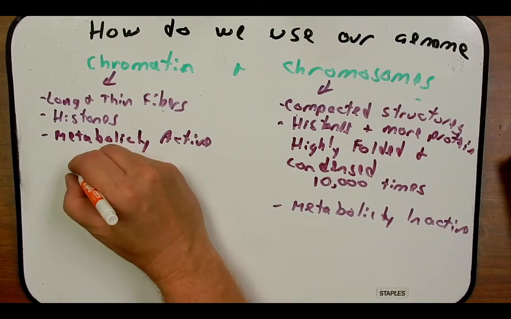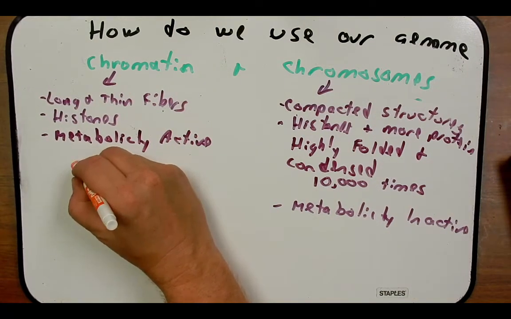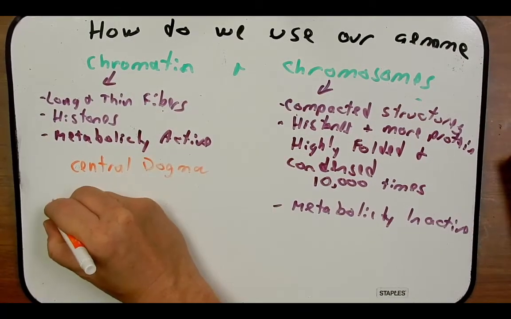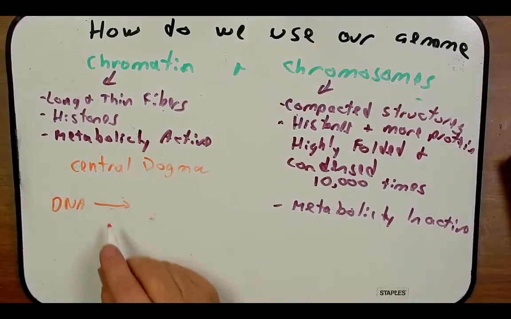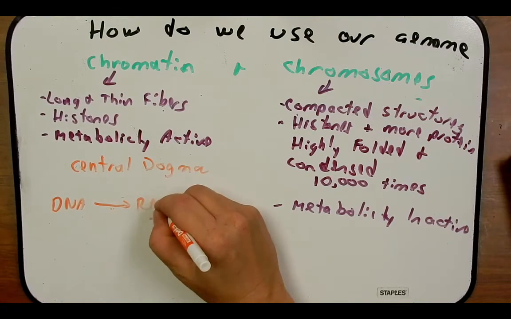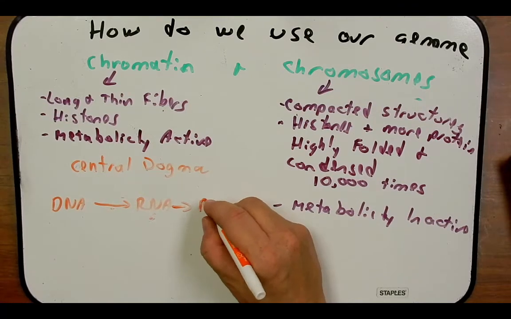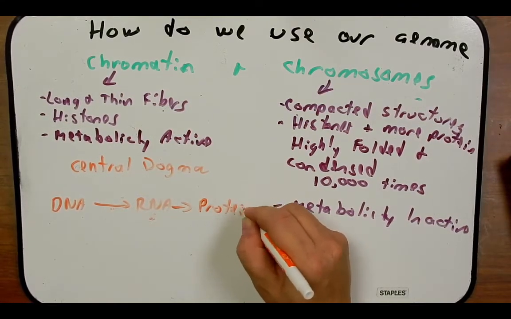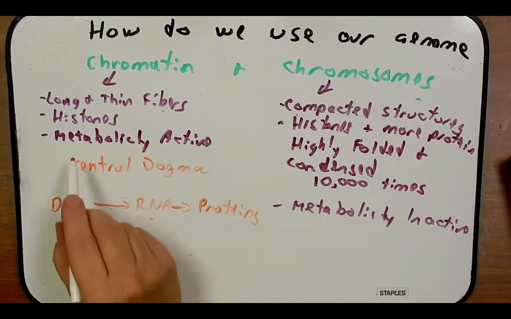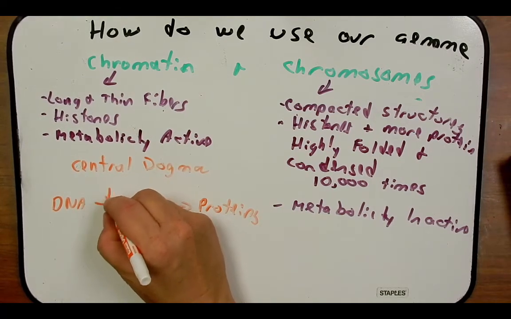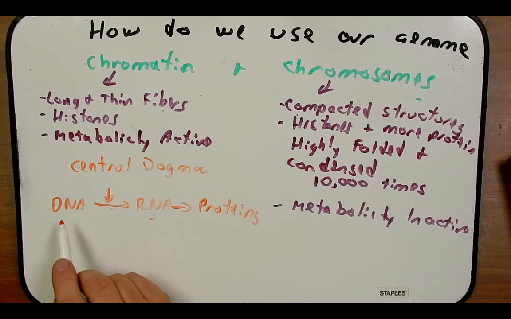So if we think about the central dogma, where we go from DNA and it is transcribed into RNA and then translated into proteins, like so. When we say metabolically active, what we're really saying is that at this stage of transcription, the DNA is able to be transcribed into RNA.